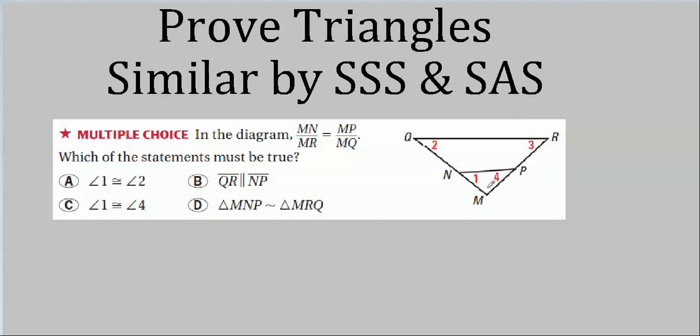They share this vertex. And of course, it's congruent to itself. So the ratio of this side to this side is the same as the ratio of this side to this side, and they share an angle, so it's congruent to itself. So by side angle side, these two triangles are similar.